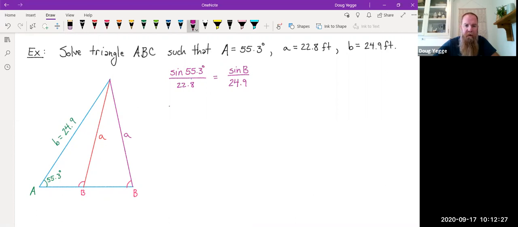So we start by cross multiplying. We get 22.8 times sine of angle B is equal to 24.9 times sine of 55.3 degrees.